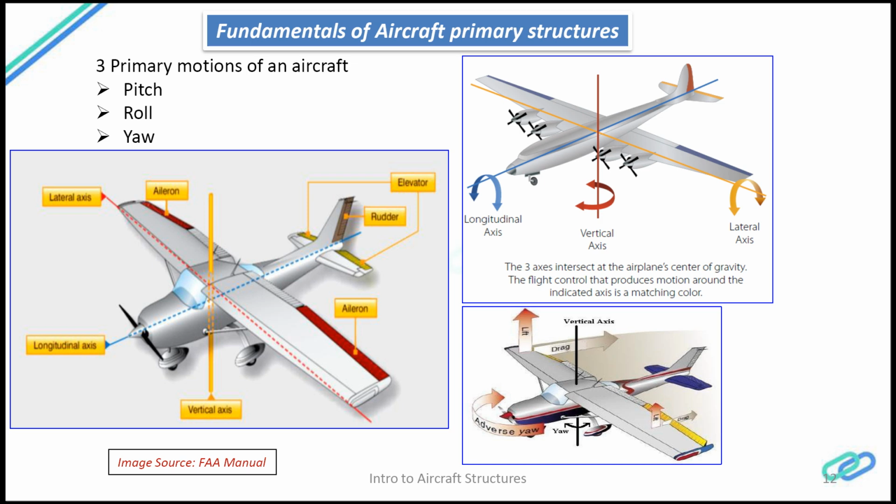So having seen the loads, we'll see the primary motions of the aircraft. Speaking about the primary motion of the aircraft, we have three primary motions, which are pitching, rolling, and yawing. Pitch, roll, and yaw. So pitching is mainly used for the aircraft to go up and down to gain elevation and then to decline.